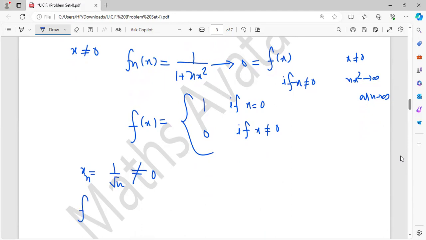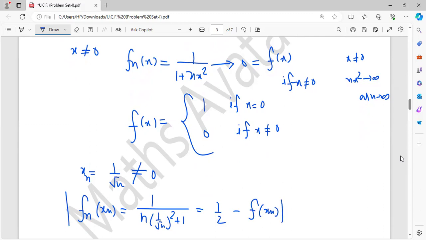But what is f_n(x_n)? It is 1 upon (n · (1/n) + 1), that is 1 upon 2. So this is 1 by 2.